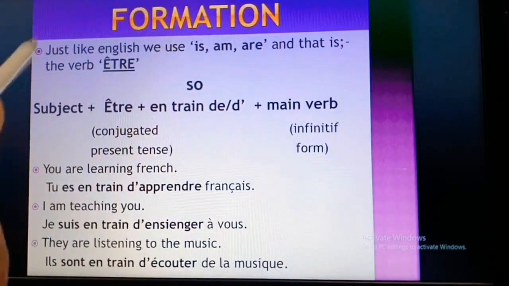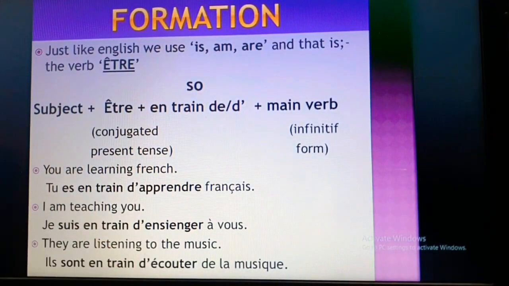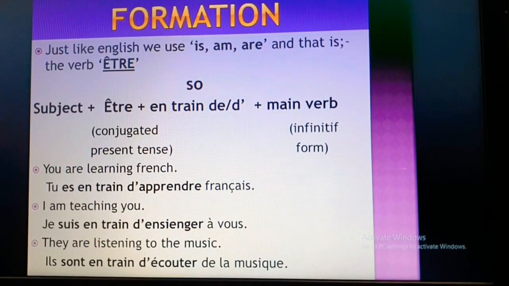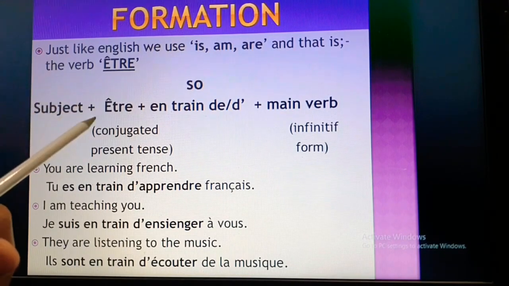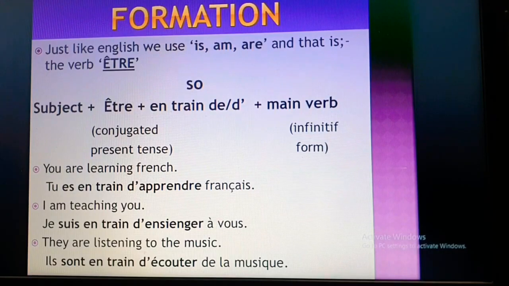So we have two verbs: the helping verb être, and the second verb, the main verb, which will be in non-conjugated form, that is the infinitive form, where you keep the verb as it is. So être will be conjugated in present, then we have the phrase en train de or en train d' according to vowel verbs, and then the main verb in infinitive form.